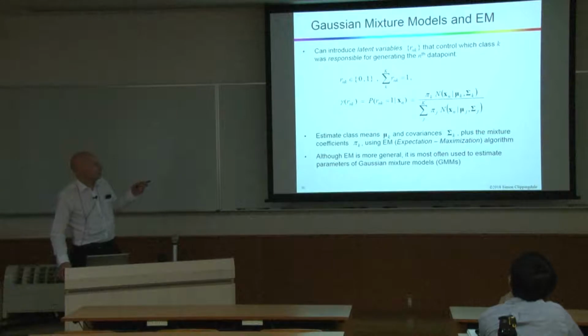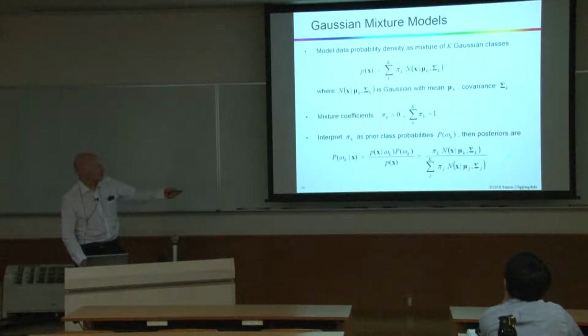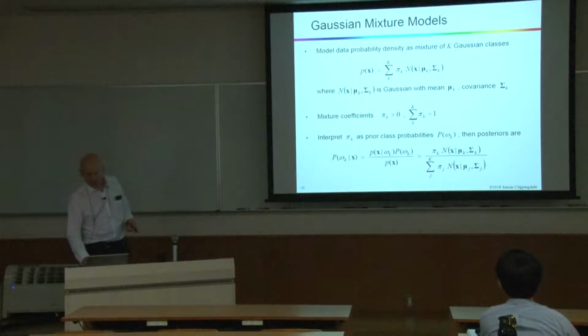And these gamma parameters express probabilistically the probability that the nth data point came from the kth class. Okay, so that is just the same as this prior class, the posterior probability that the datum X came from class K.